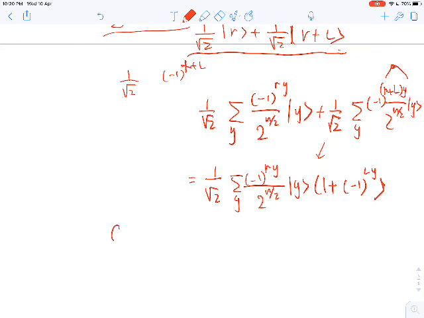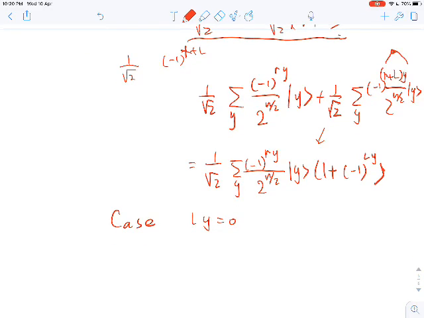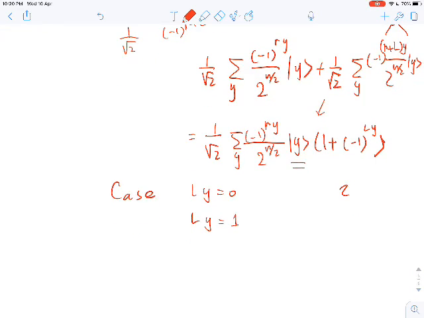And we have two cases here. If Ly is 0, then minus 1 to the 0 is 1, and it's 2 here. If Ly is 1, then here we got 0.